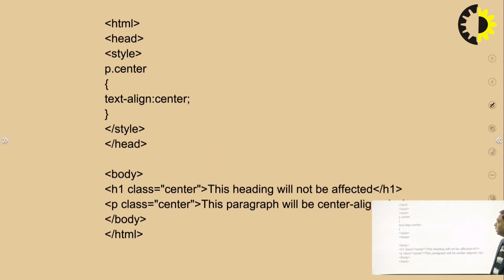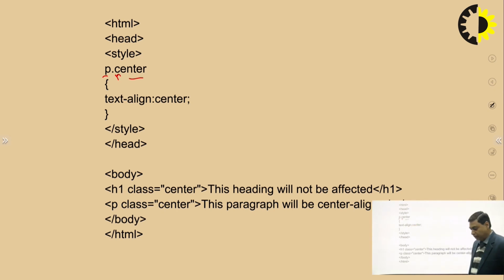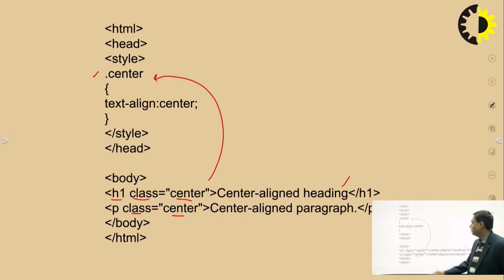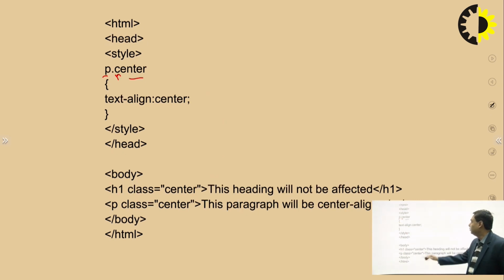Now one important part: if we are using the p tag or any HTML tag before the dot symbol, then that particular class will be applicable only to the specified HTML element. So in this example, the class center will be applicable only in the p tag. Just see the previous example. No HTML element is mentioned there, but here the HTML element p is mentioned.